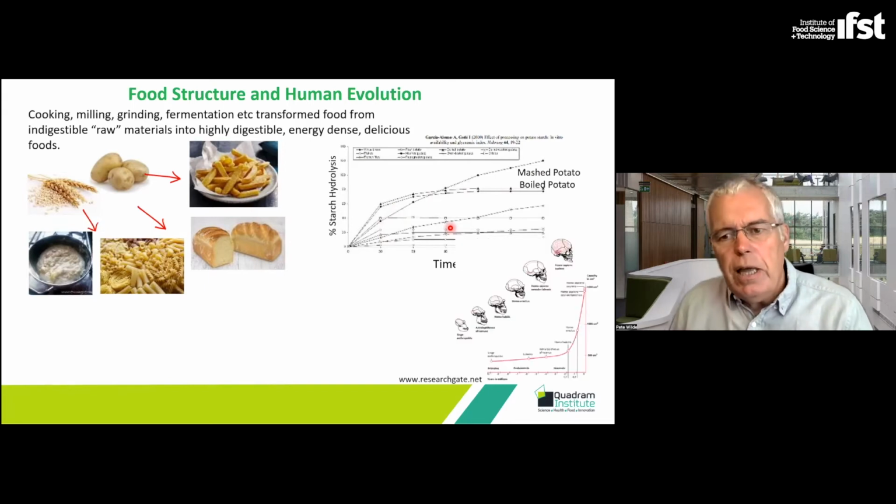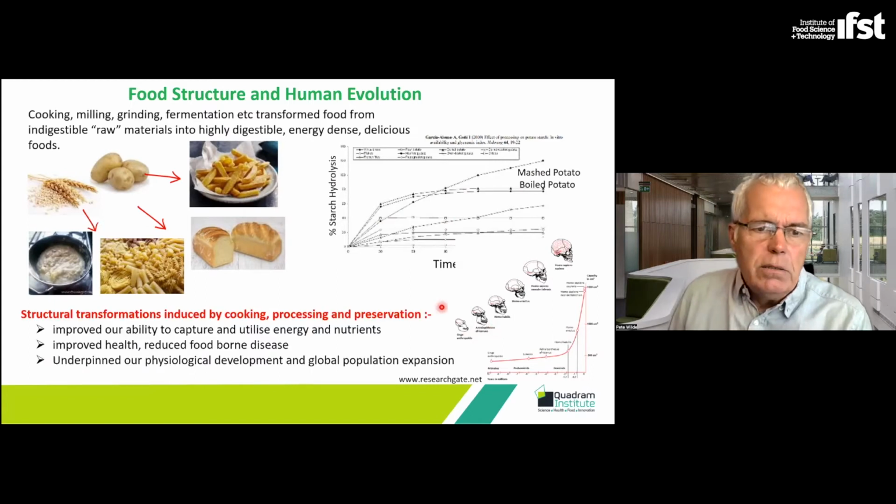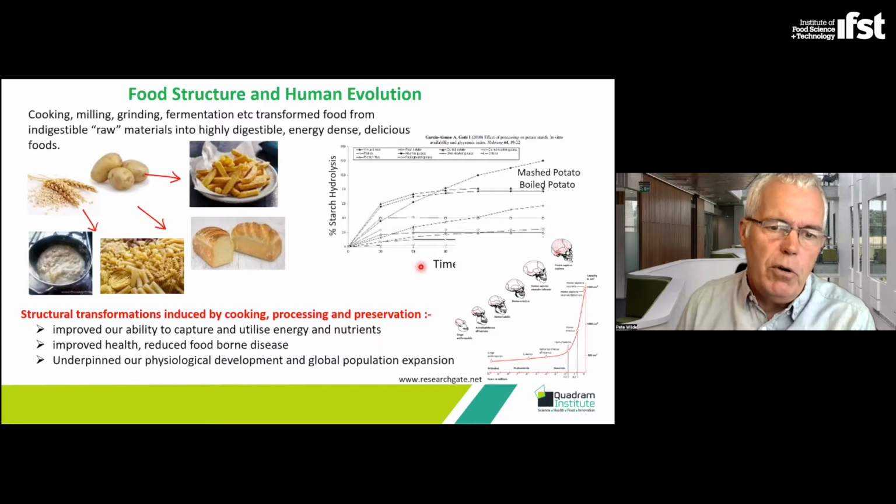And many people think that drove some of our evolutionary development. Certainly the development of our brain size a couple of million years ago coincided with these developments in our ability to cook and transform food. Preservation also allowed us to keep foods for longer, to keep us through seasonal variations.